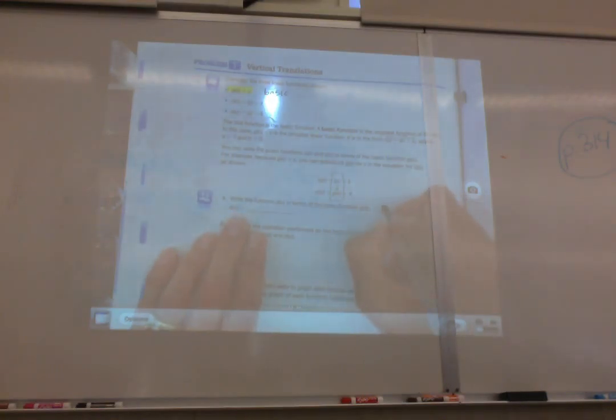So first of all, let's write d of x as shown at the top of the page. Now what they did here in this example for c of x is they replaced this with something. What are we going to replace that x with?